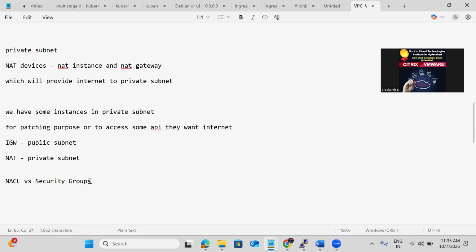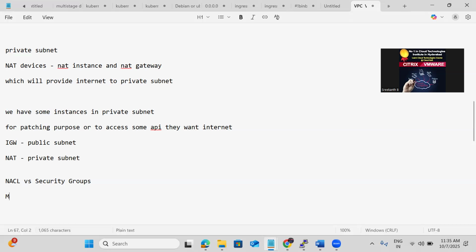What is the meaning of firewall rules? It filters the traffic coming in, based on the IP and port number. A security group is a firewall rule configured at the instance level.